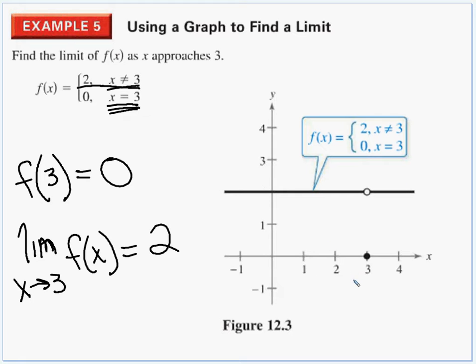Okay, let's go back to the graph. If I'm here at 2.5, my output value is up here at 2. I could get to 2.9 and I'm still at a height of 2. I could be at 2.999, 2.999999. I could get infinitely close to 3, and I'm always up here at this height of 2.